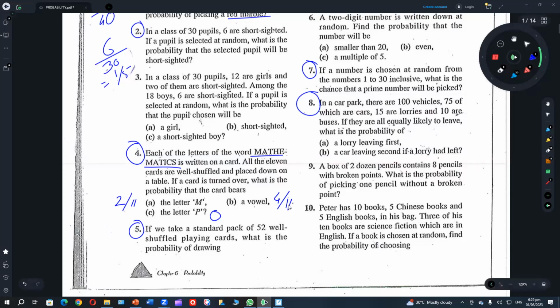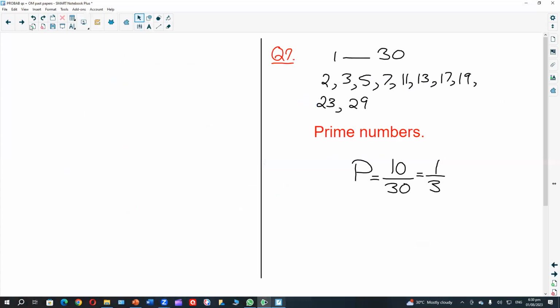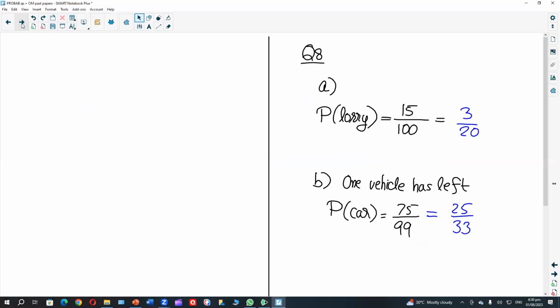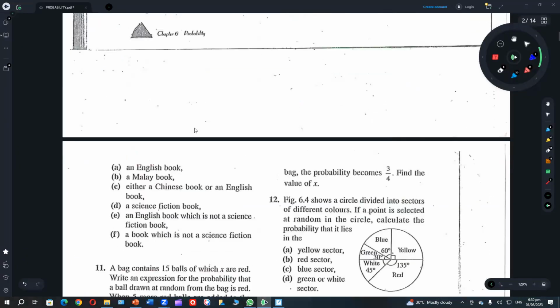Yes, good. And then 75 out of 99. And why 99? Because one lorry has already left.